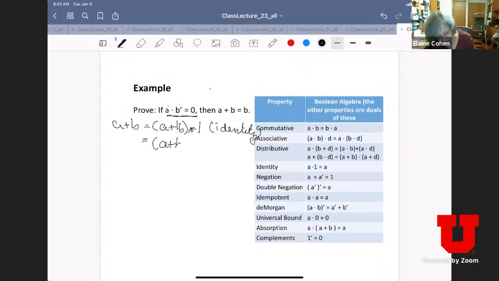Well, the next step is to say, well, that's times 1, 0 complement. How do I know one is zero complement? Well, because it says so right here, complements.